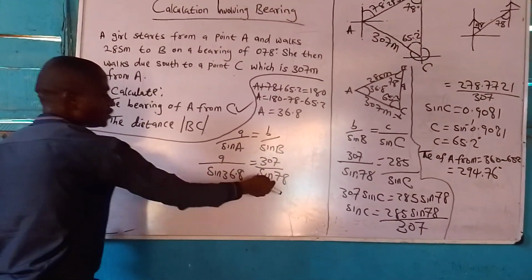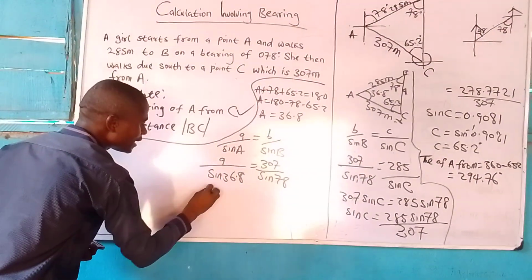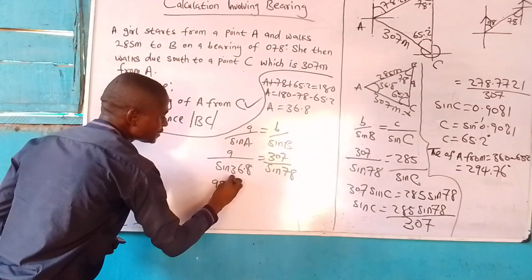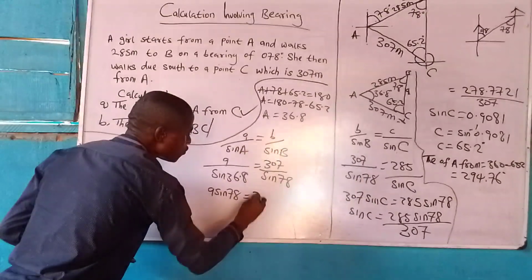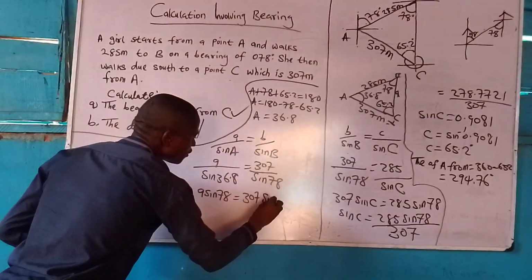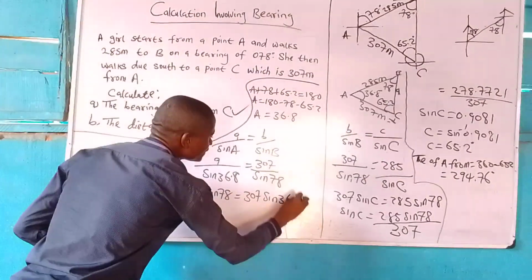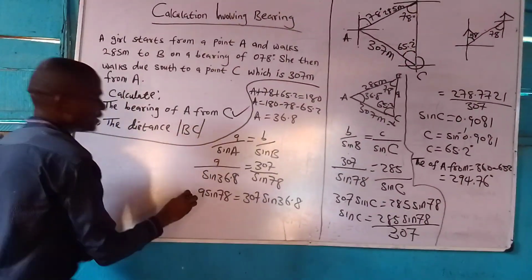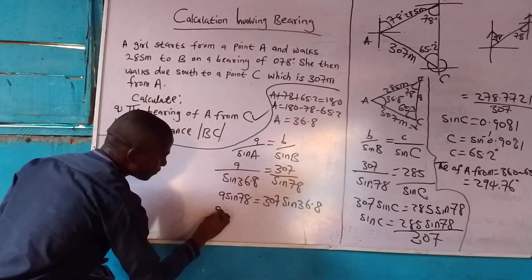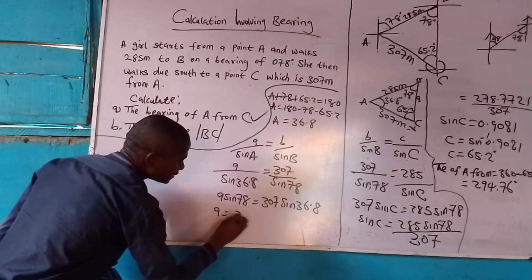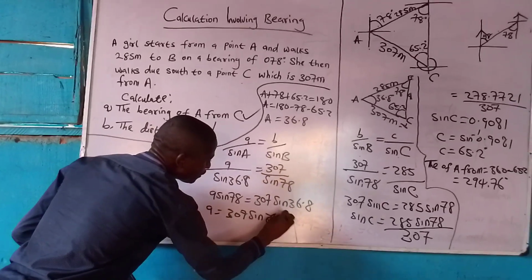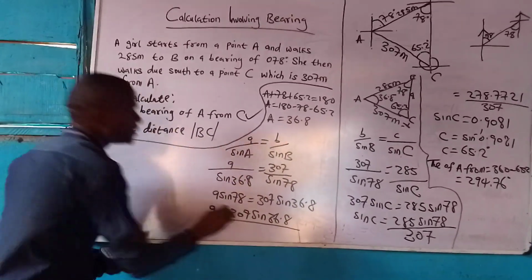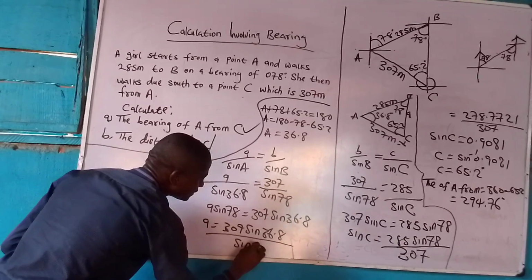This one multiplies this and this one multiplies this. Now our a sine 78 equals 307 sine 36.8. The same thing: you just divide both sides by sine 78. That would be 307 sine 36.8 divided by sine 78.